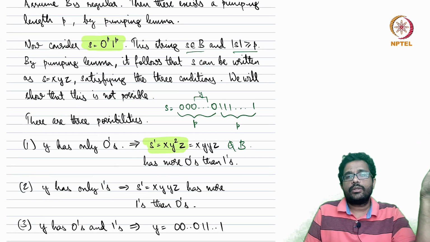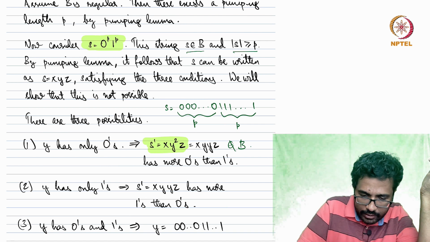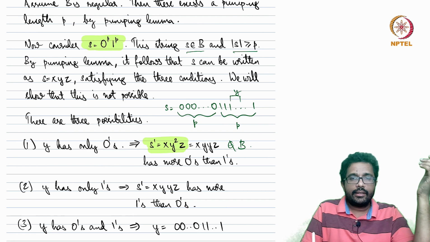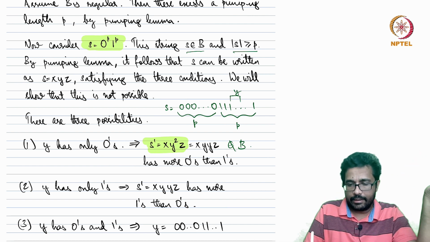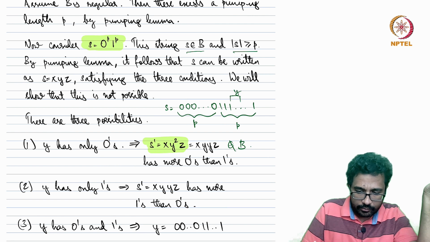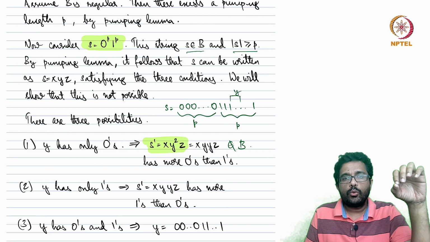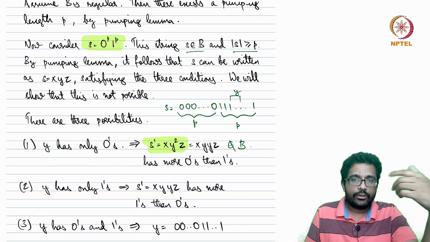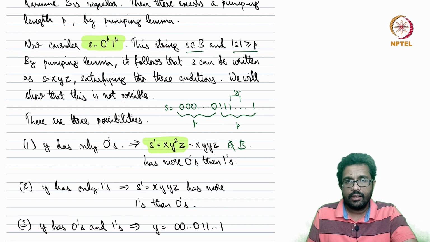The same thing holds when y is just entirely in the ones. Suppose y was entirely in ones, somewhere over here, then a similar thing happens, because we again consider S prime, x y y z. Again, because of condition 2, y cannot be empty. So, y has to have at least one symbol, and by the assumption of this case, y is only ones.